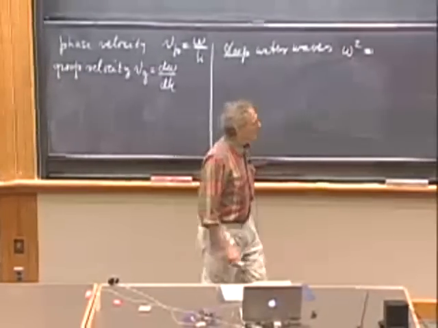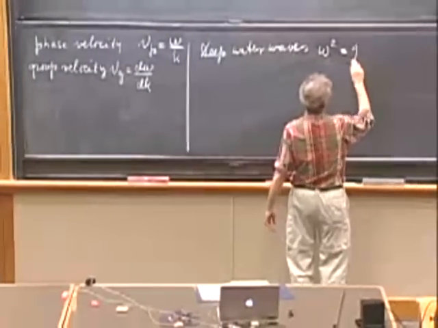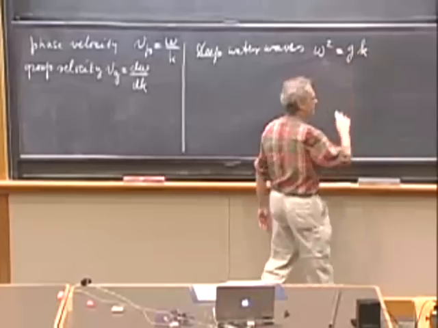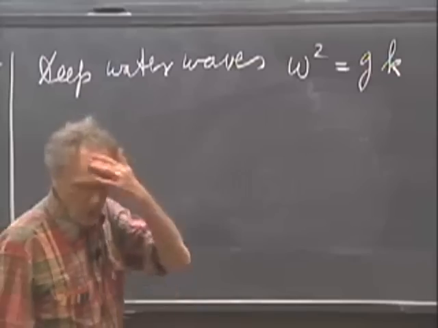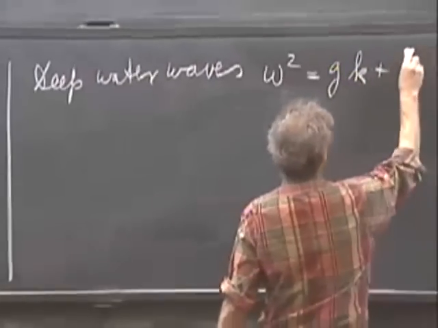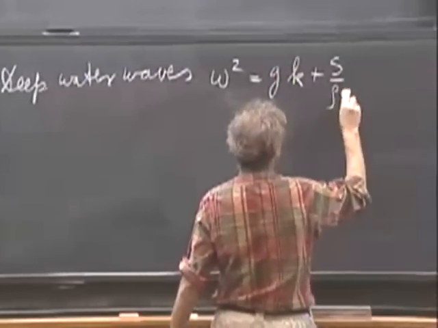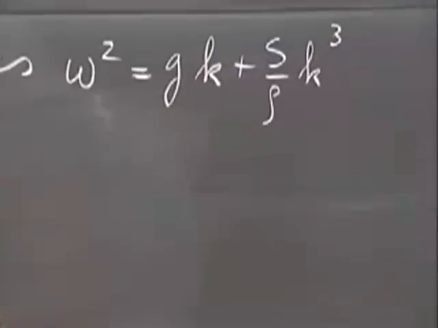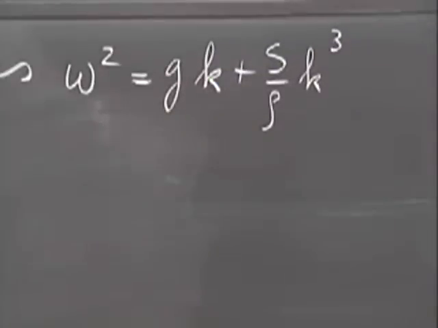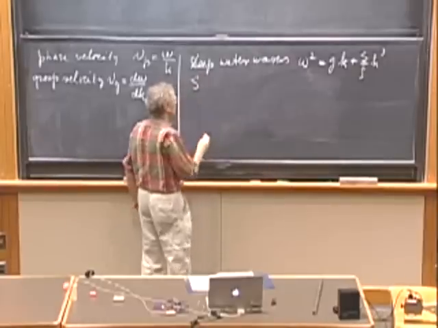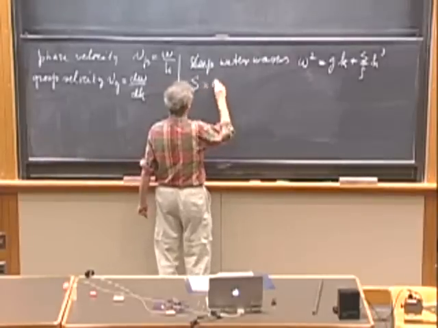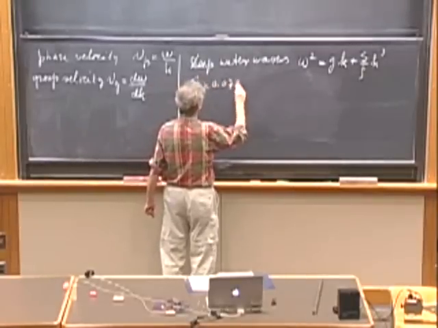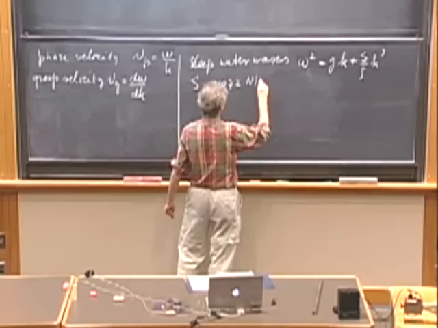where g is just the gravitational acceleration, plus S divided by rho times k to the power 3, and S is the surface tension, which is for water about 0.072 newtons per meter.